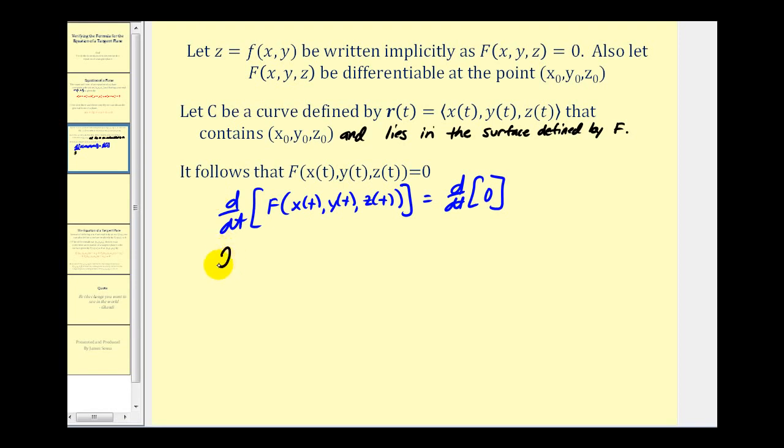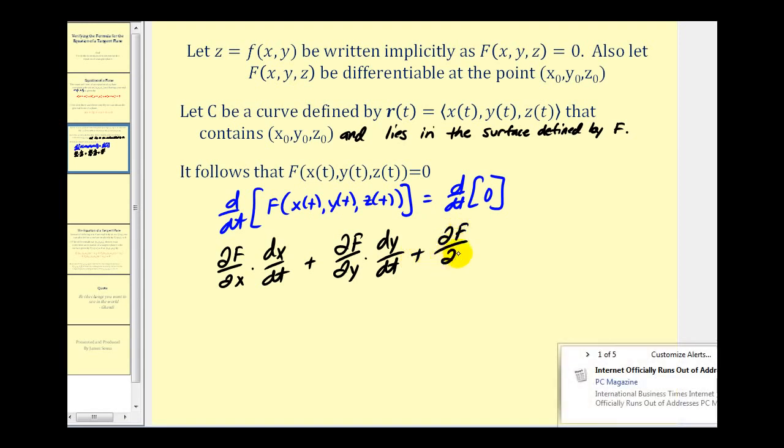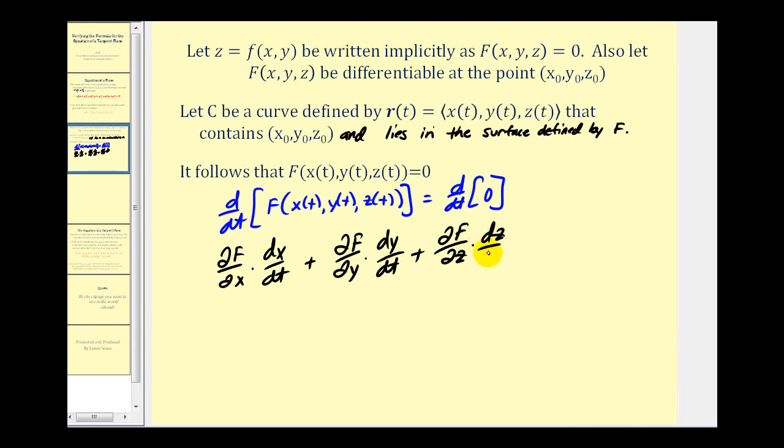This is going to be equal to the partial derivative of big F with respect to x times dx/dt, plus the partial with respect to y times dy/dt, plus the partial of big F with respect to z times dz/dt. And this would be equal to 0.